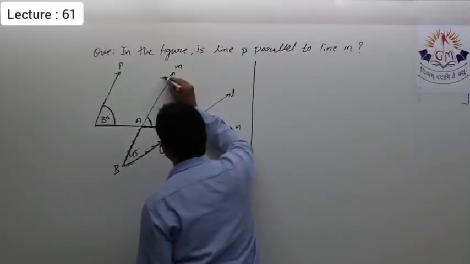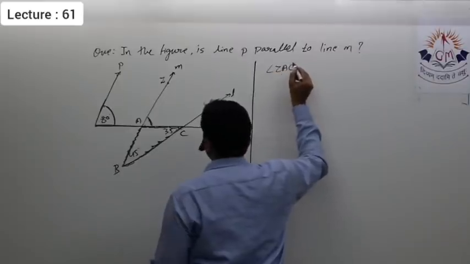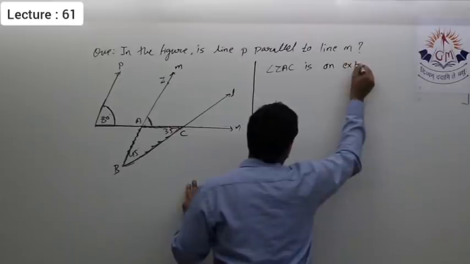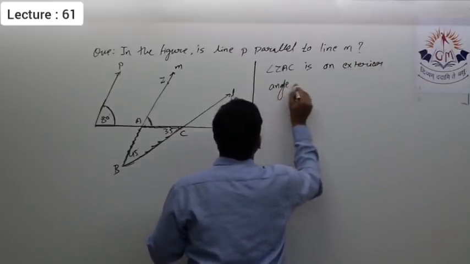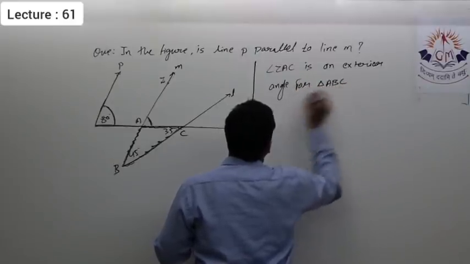Let this point be Z. So angle ZAC is an exterior angle for triangle ABC.